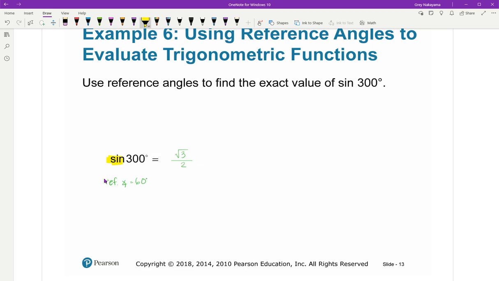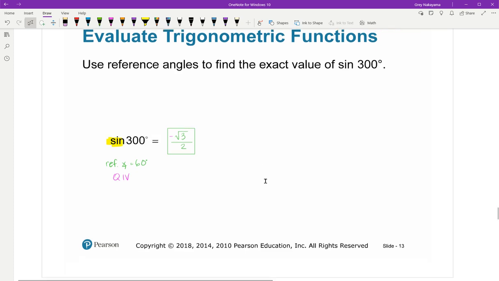What quadrant is 300 in? It's in quadrant 4, and if it's in quadrant 4, then my answer is going to be negative. So that's all it is. And you're, again, questioning, well, I can just put this in my calculator. This is the kind of problem that will be on your non-calculator portion of the test. And as I said, moving forward, you don't know what we're going to do later on down the road, which is why you need to know reference angles.